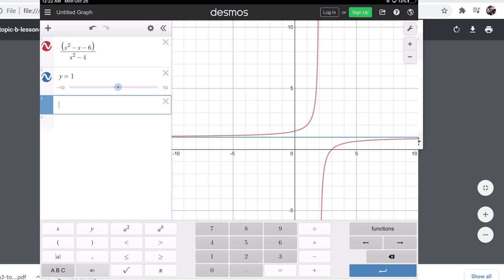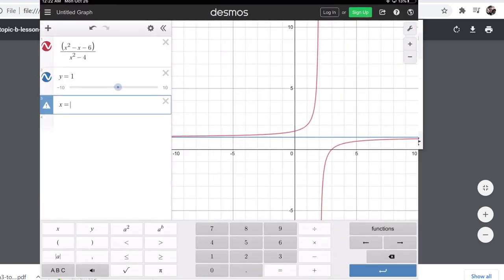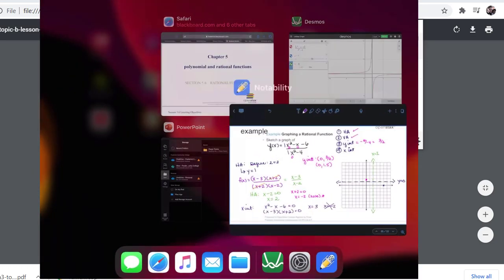And then we can do x equals, what did we say that was going to be? The vertical asymptote at x equals 2? And so you can see that the graph doesn't cross in those places. So that can actually help you when you're graphing here.